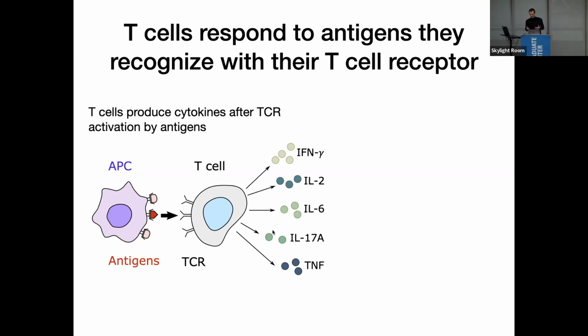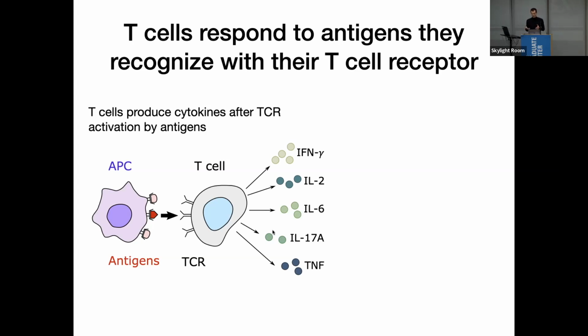And just like B cells, T cells mature. In the case of T cells, they mature in the thymus. And they are selected so that they never respond, when you grow up, to self-antigens or antigens from your own body. But they have receptors that are then specific to foreign antigens, so fragments of pathogens.